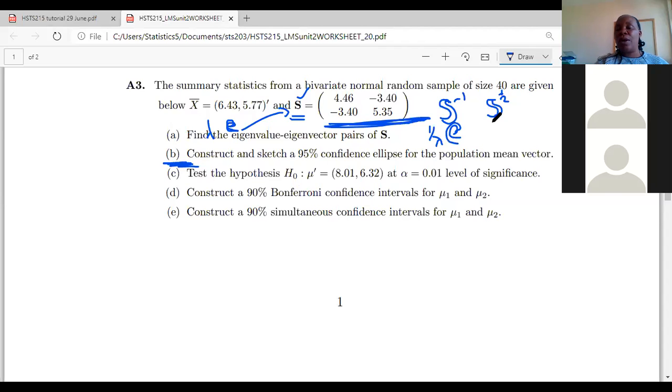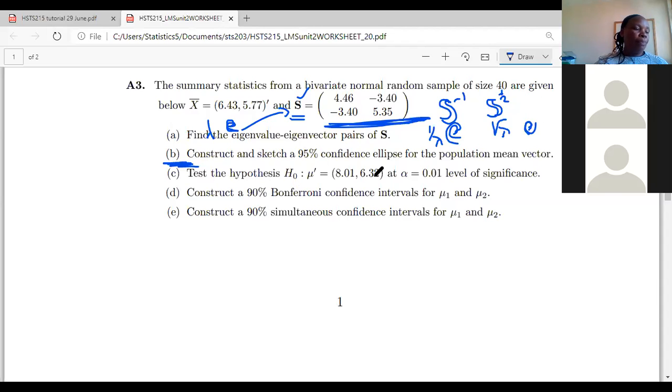Here we will be talking about square root of lambda as the eigenvalues, and the eigenvectors are the same. So that being the case, you now go to the formula for finding the confidence ellipse, right?